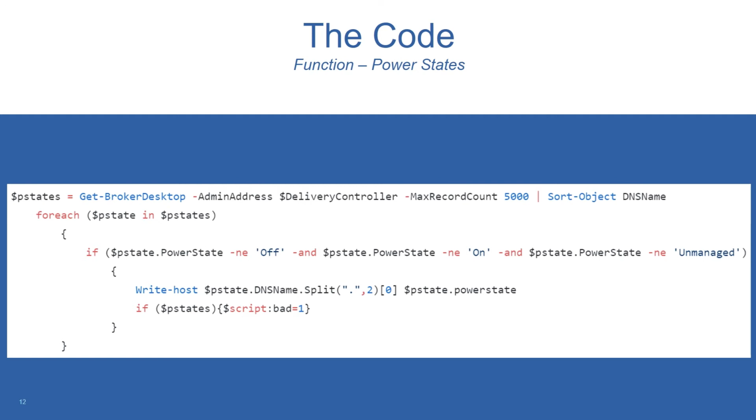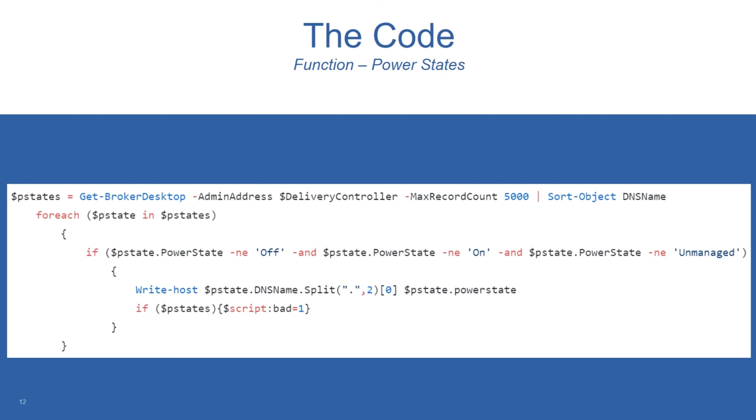Maybe you switched XenServer clusters for a VM. For some reason the cluster itself can't find the VM, so it's got a bad power state. So some sort of action needs to be taken here. Definitely room for improvement on fixing it. But as of right now, I'm just logging that power state.